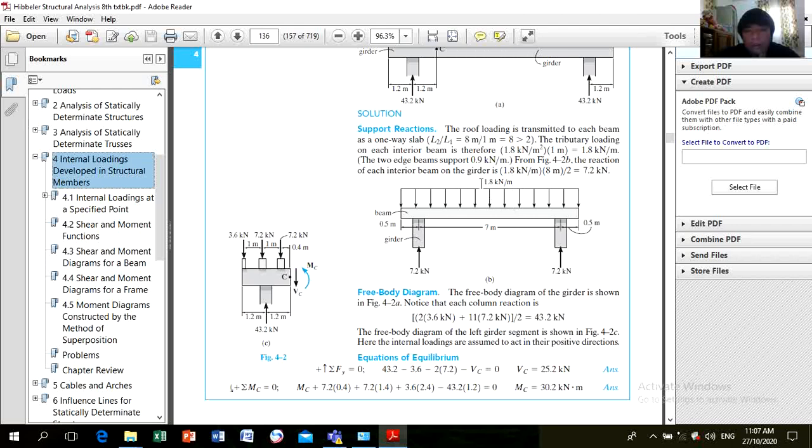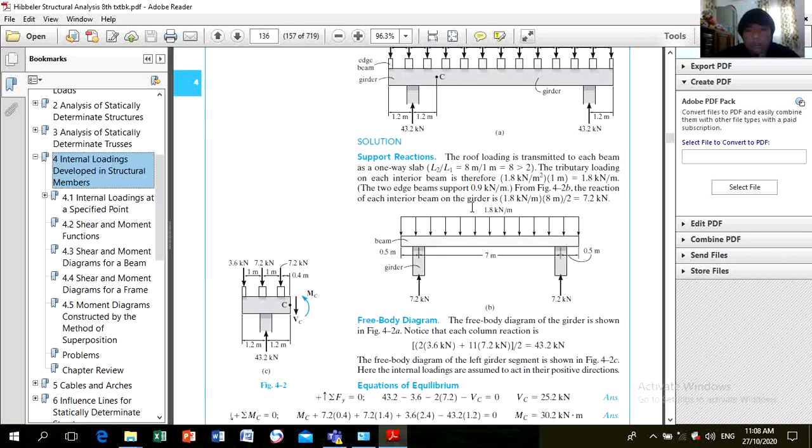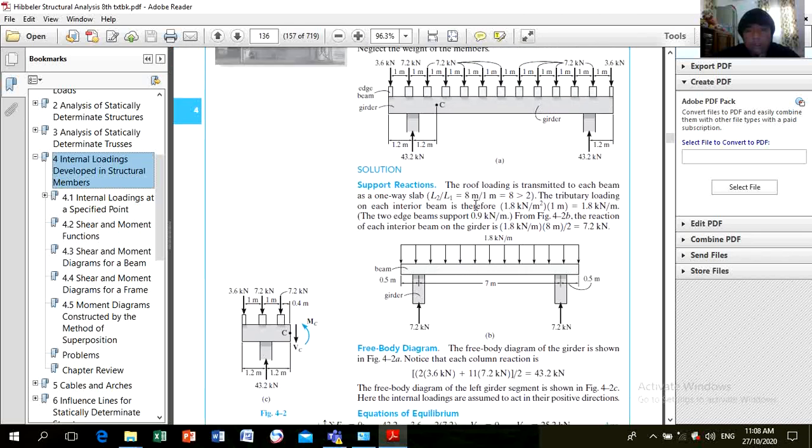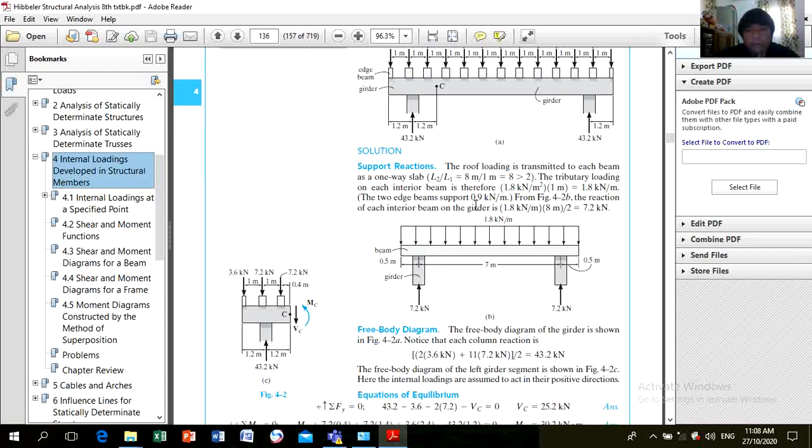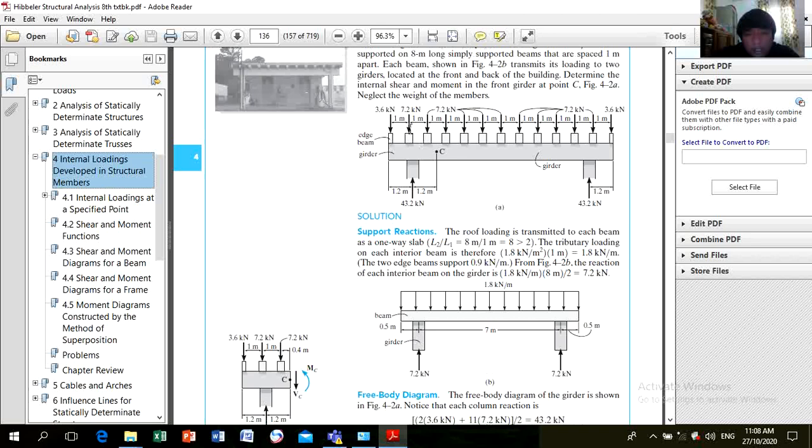How did we calculate this 1.8? Originally, it's 1.8 kilonewtons per meter squared. But we know that the roof loading is transmitted to each beam as a one-way slab. Meaning, if we consider this one beam here, it carries this load, considering 0.5 and 0.5.